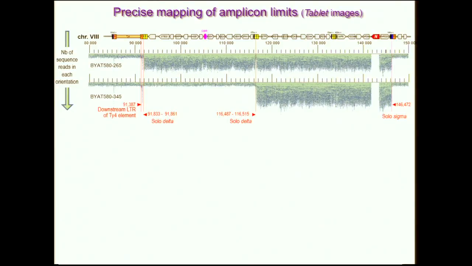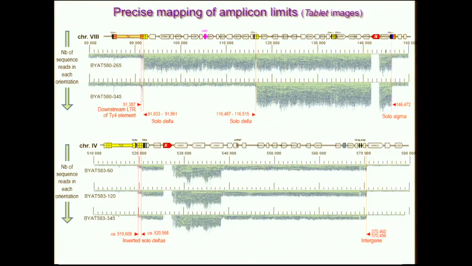The two have absolutely no sequence identity. And in fact, there are internal borders here which fall within 2 solo delta, which share 70% identity in this case. If you do the same thing on chromosome 4, you will find one end here falling in an intergene, which has absolutely no sequence identity with the other end, which follows delta here.